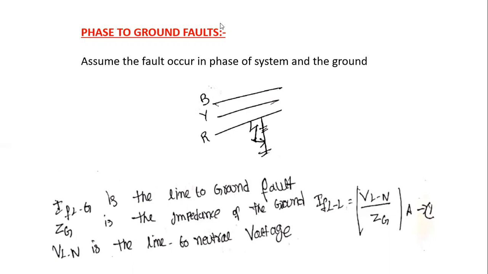Next, write down the formula for fault current, that is IF. If the line to ground fault is obtained, what is the fault current formula?